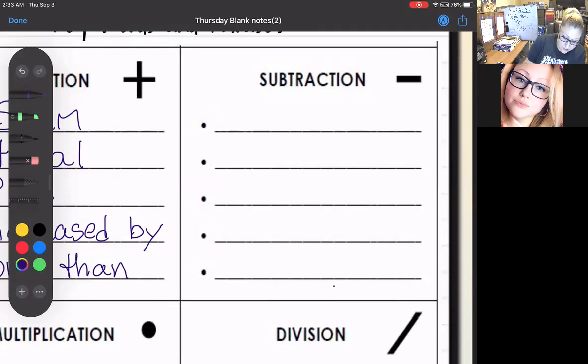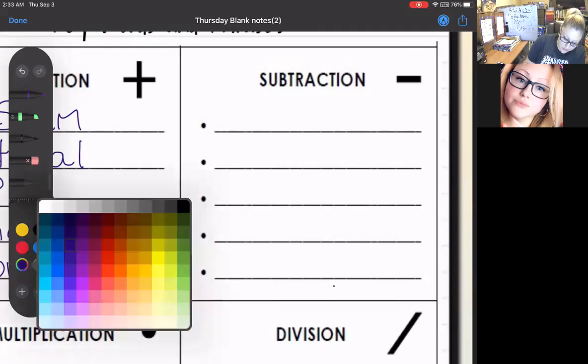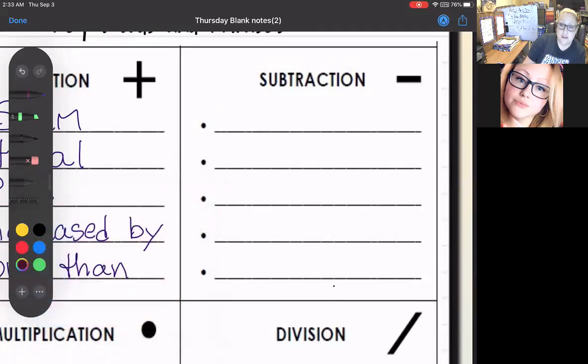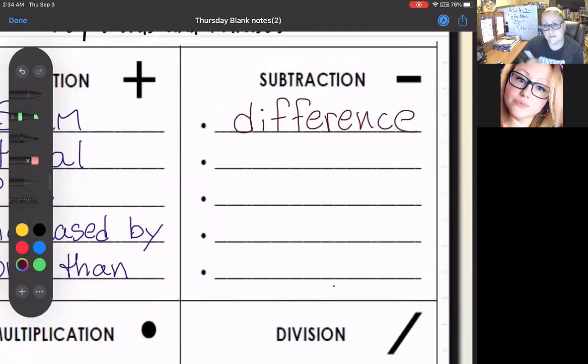A big one, let's use maybe a different color for subtraction. They like to use the word difference. D-I. Another one they really like to use, well, I like to use minus.